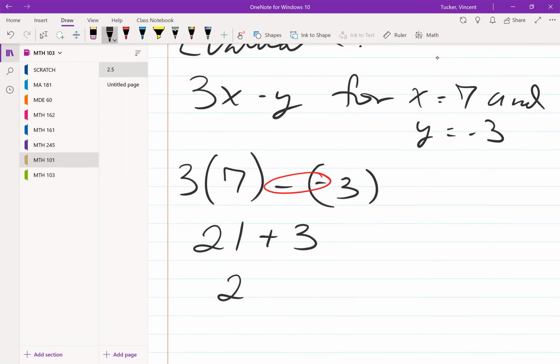They give you 4a plus b, and they give you a is equal to 8, b is equal to -52. Plug those in.